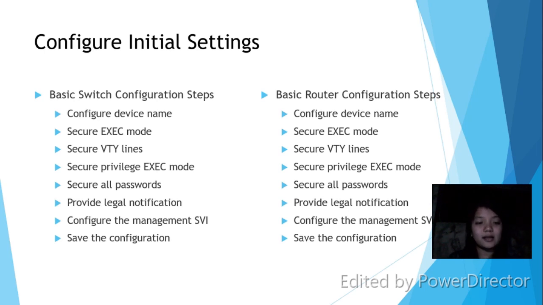Then secure the exec mode. You will use line console 0, then the password you want, then login. Then secure the VTY lines, which is line vty 0 15 because it has 16 ports. In programming we start counting at 0, so that's why it is 0 to 15.